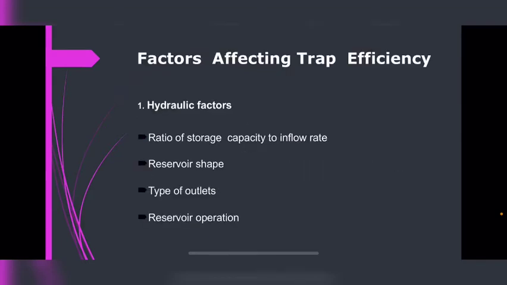Factors affecting trap efficiency. There are two factors, hydraulic factors and sediment factors. Hydraulic factors are related to the structure and design of the reservoir, and they are the ratio of storage capacity to inflow rate, reservoir shape, type of outlets, and reservoir operations.